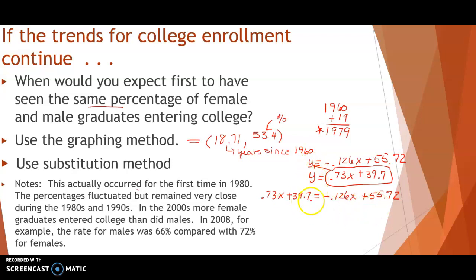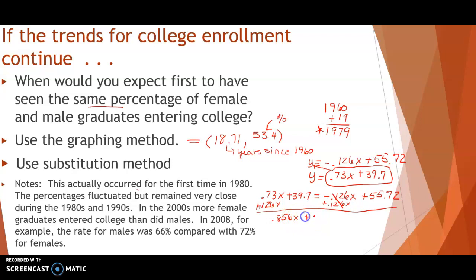And what I have left is something where I can do the algebra. So the first thing that I did was add this to both sides. And so doing that canceled these guys. I have right here 0.856x.